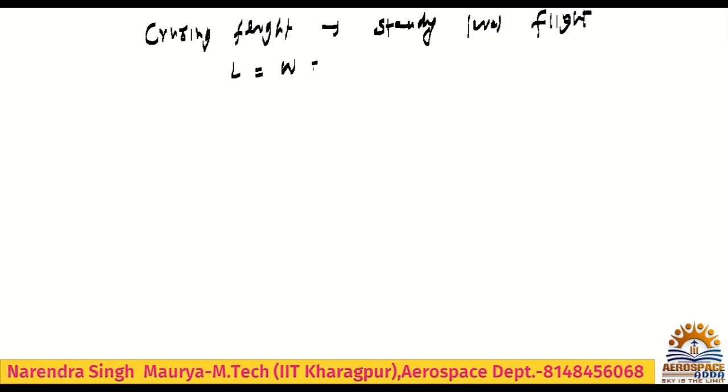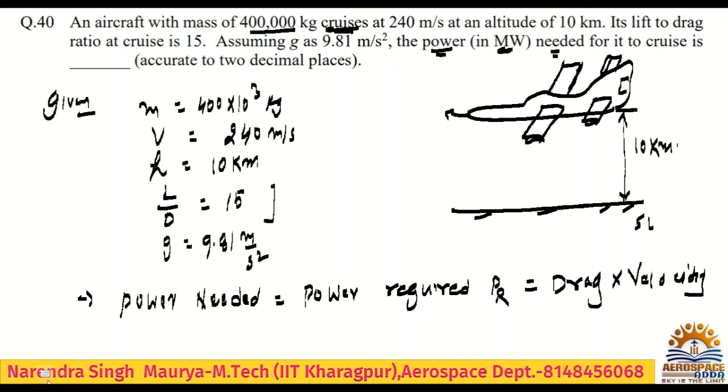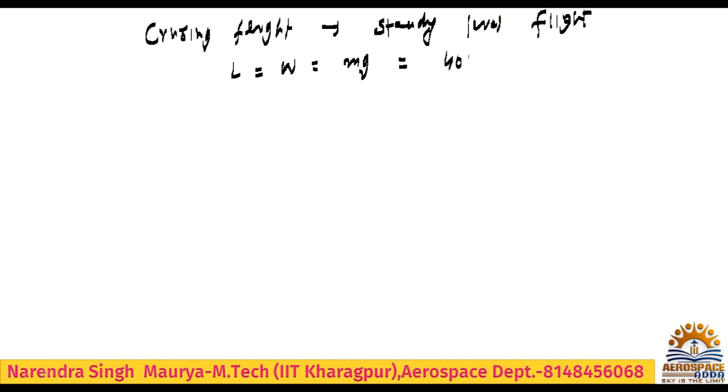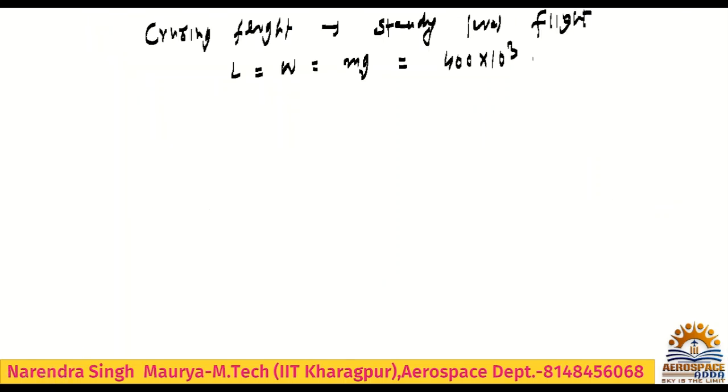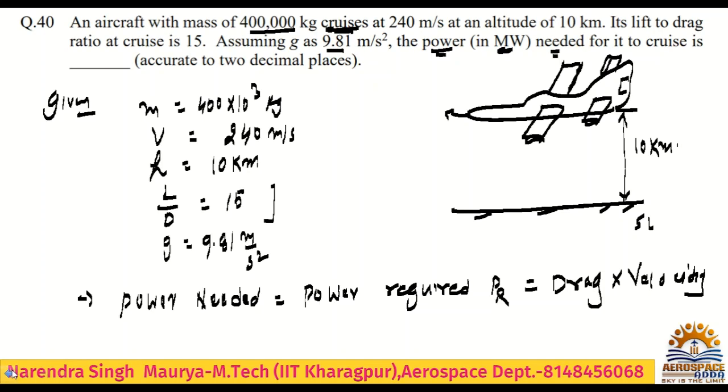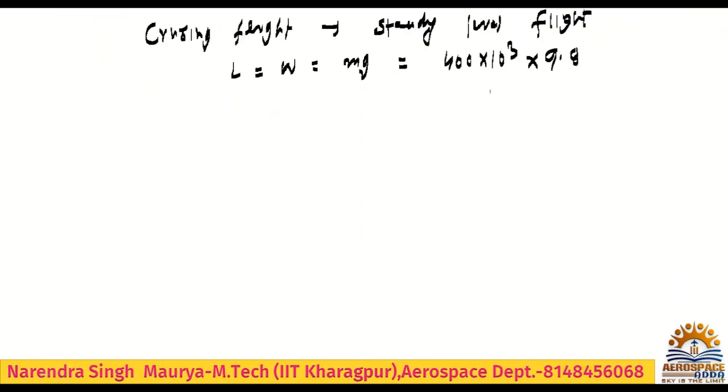So what is the weight? Weight is nothing but mass into gravitational acceleration. What is the mass here? It is given, 400 into 10 to the power 3. And the g value, obviously, it is given, 9.81. That's the reason the g value is given to you, so that you can apply the basic formula. So if you do the calculation, how much do you get?